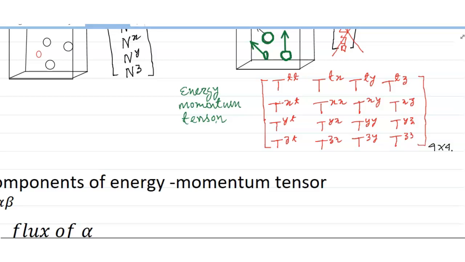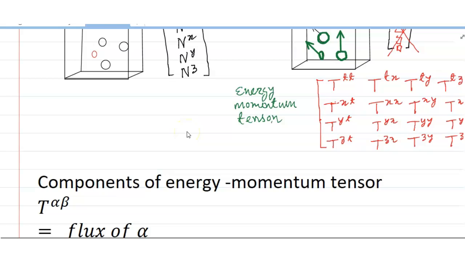So to get the 4 by 4 energy momentum tensor, we are going to use the same strategy of counting particles in a box that we used for the number flux 4 vector, except that this time we are going to be counting 4 momentum inside of a box instead of just the number of particles inside the box.